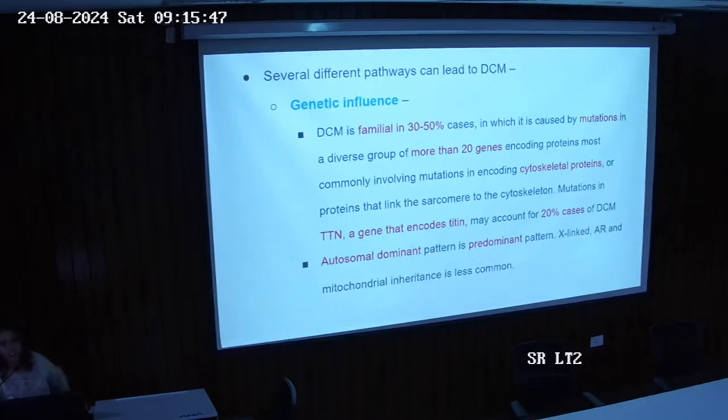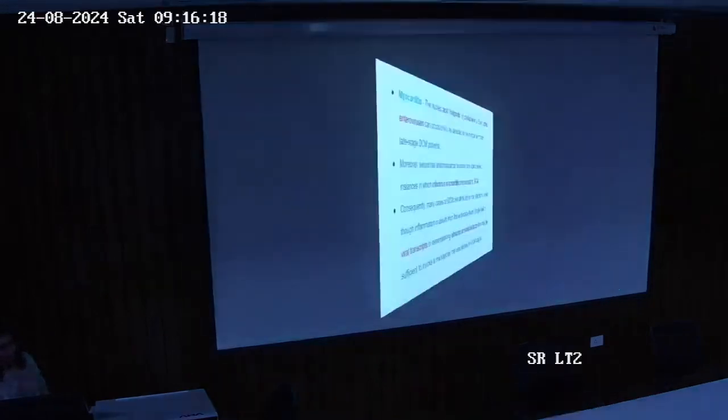It is because of mutation that involves more than 20 genes, specifically the genes encoding the cytoskeletal proteins. अब एक important gene है जो तुम्हें याद रखना है in the case of dilated cardiomyopathy, is this TTN gene, which encodes titin protein. Okay, this is involved in dilated cardiomyopathy in 20% of the cases. Can be asked as a NEET question. Okay, autosomal dominant pattern is the most predominant pattern.